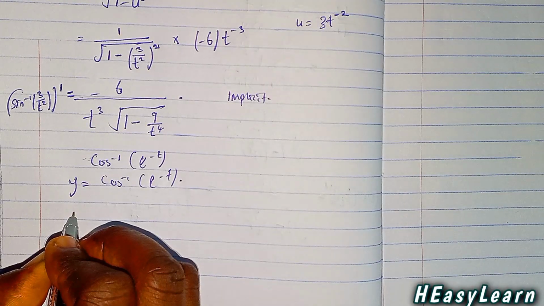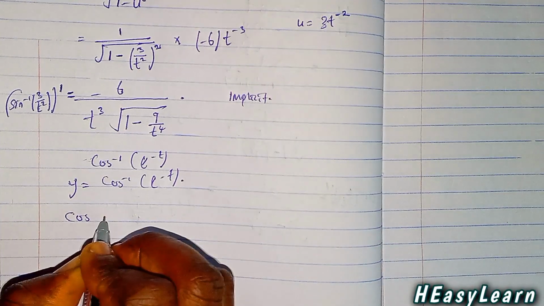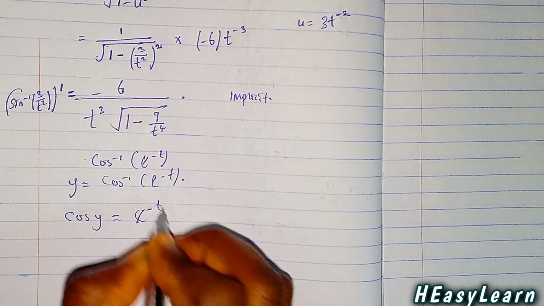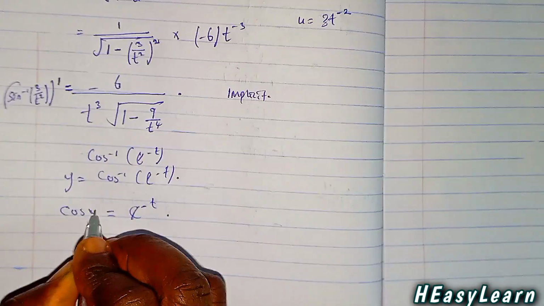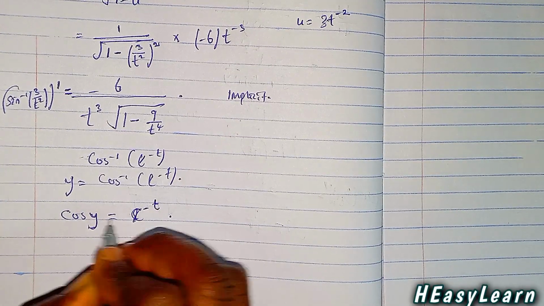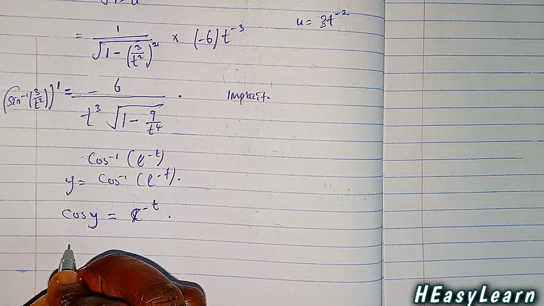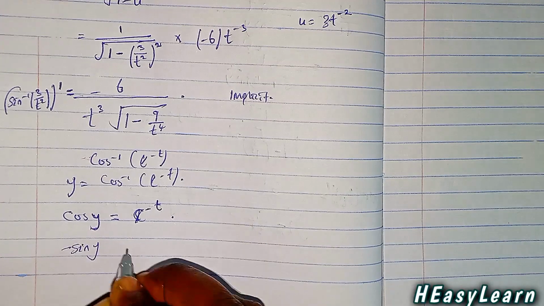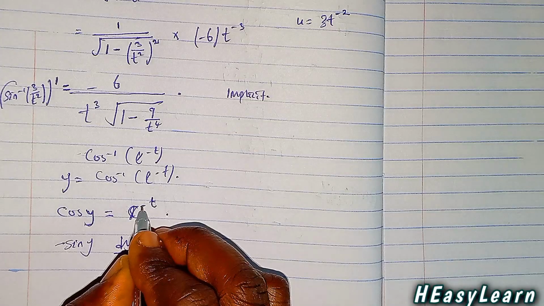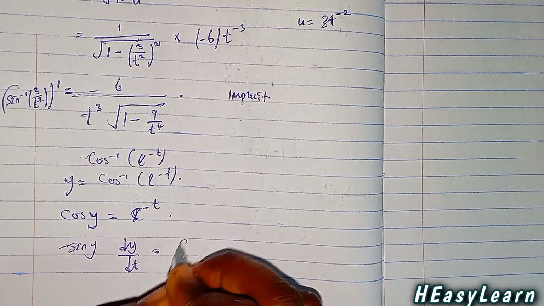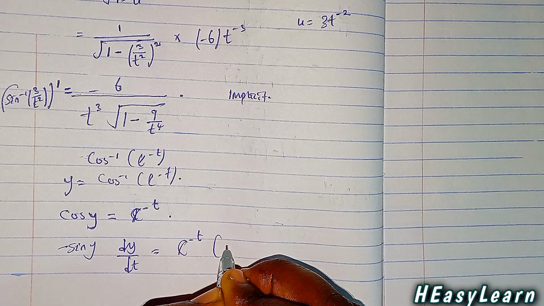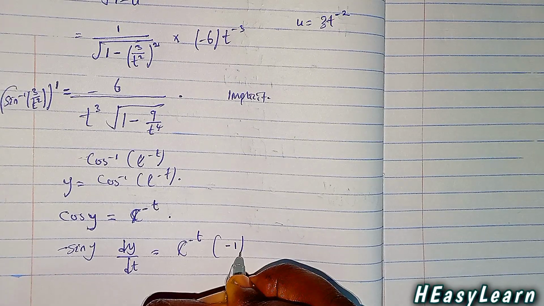Let's use implicit method. First, take cos of both sides. This is cos y equals exponential minus t. It is an implicit function because y and t come together in this expression. The differential of cos y is minus sin y dy/dt, equal to the differential of exponential minus t: keep the function, multiply by the derivative of the power, which is minus 1.